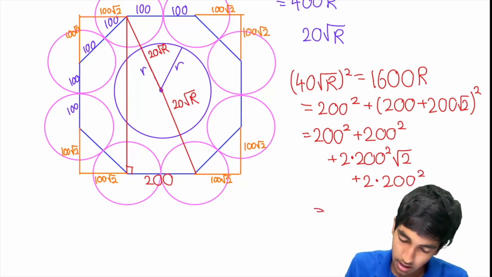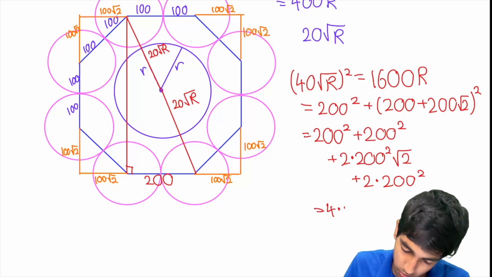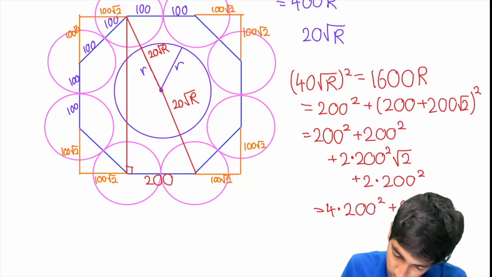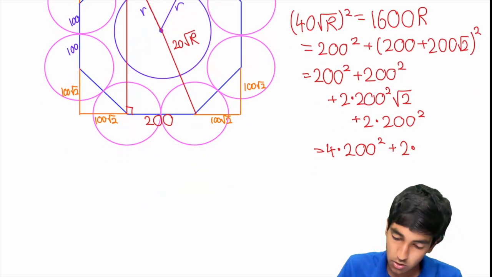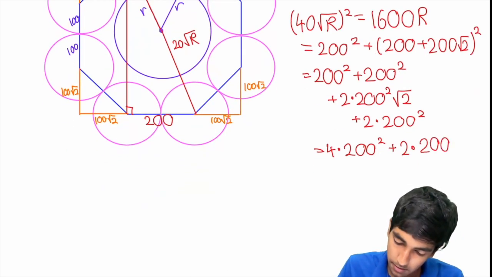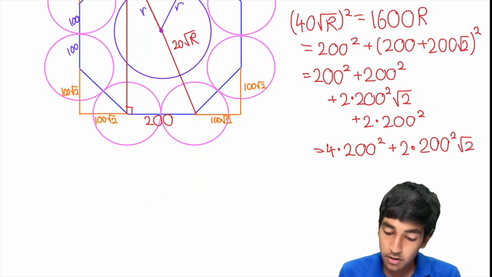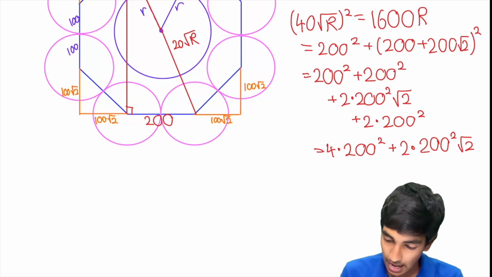And we just clean this up a little bit. We have 4 times 200 squared plus 2 times 200 squared √2. And now all we have to do is divide this expression by 1600 and we get our answer.